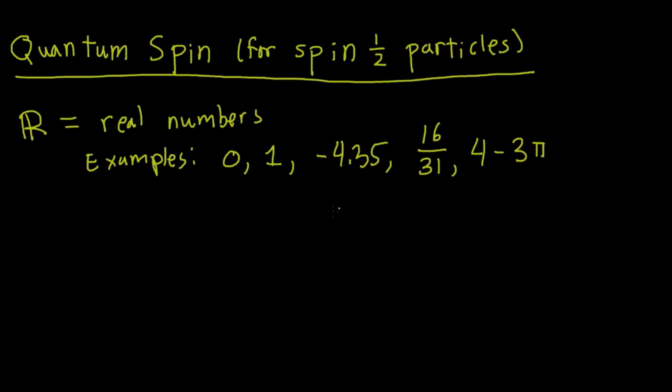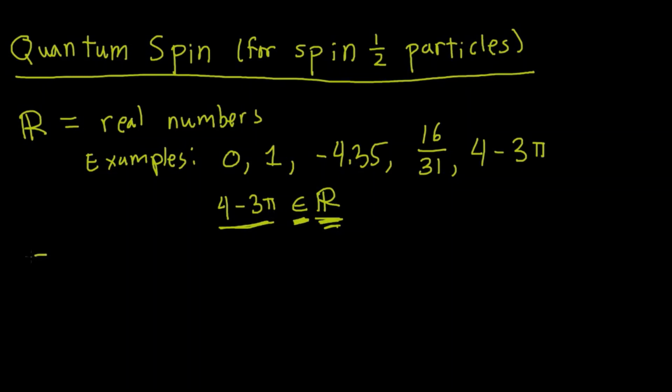A common notation is that, for example, 4 minus 3 times pi is an element of the real numbers. Here, R denotes the set of all real numbers, and because 4 minus 3 times pi is a real number, it's an element of the set.